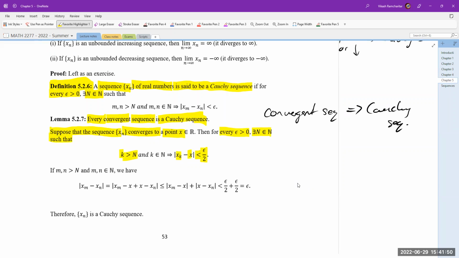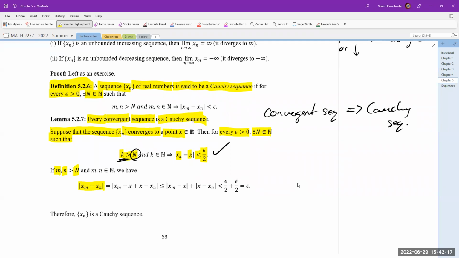Just to make things neat. So this is saying, remember, if I take any number bigger than this N, this works. So what if, instead of taking one number, I take 2 numbers bigger than capital N? What if I take an m and an n bigger than this number? And what if I want to work on the distance between them?